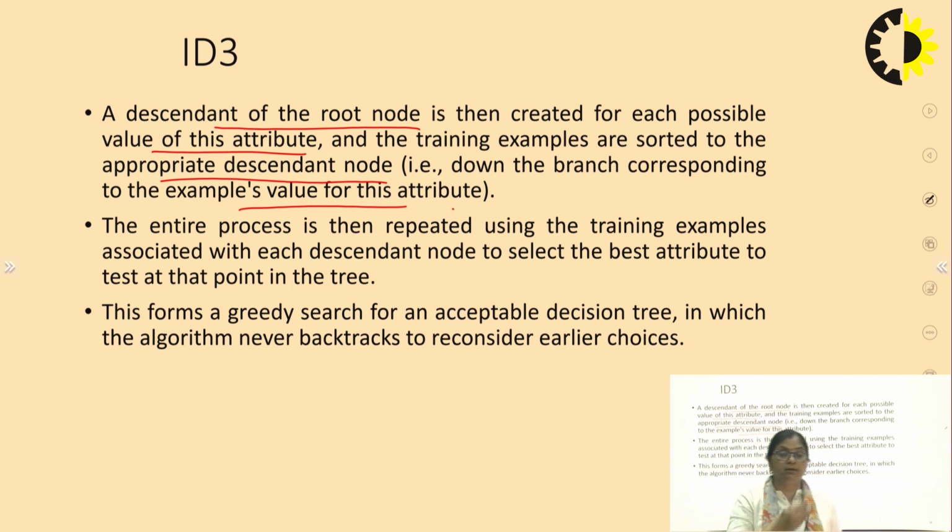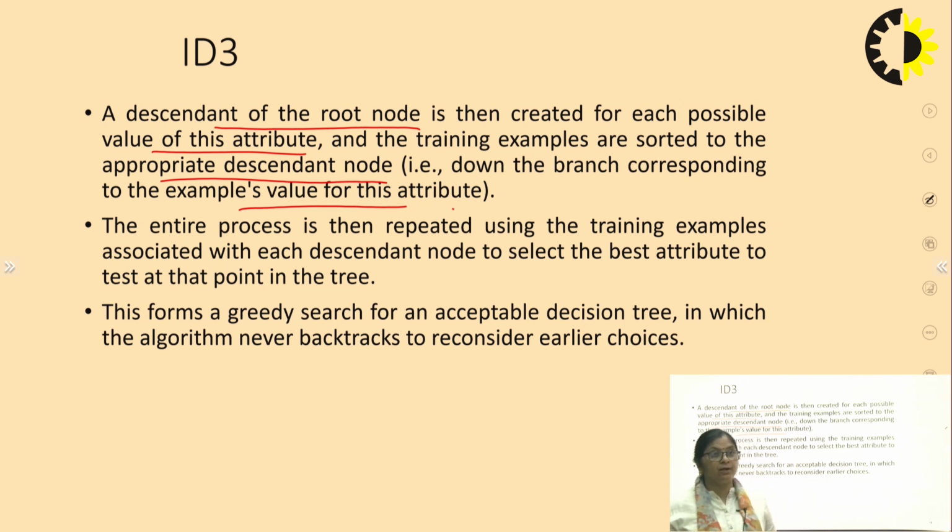For example, two slides back we talked about a decision tree. If I see outlook there, it has one branch, Sunny. So the next node will be decided according to the attribute outlook in which the outlook value is Sunny.